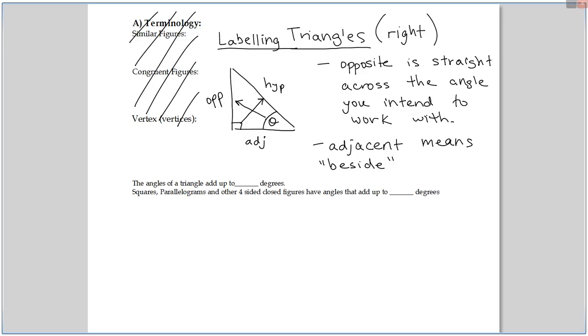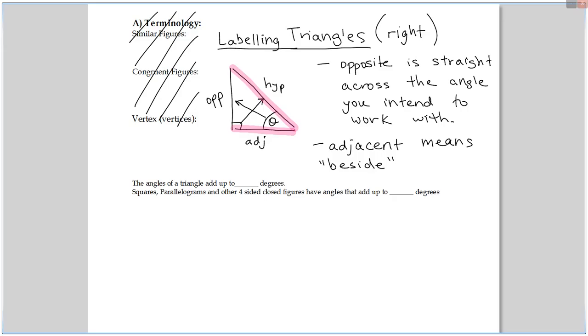But take a look, this is kind of weird. If this is your angle, theta, you have two sides that are adjacent. Do you see that? Two sides are next to the angle. But one of them is the hypotenuse, right? So that has to be the adjacent. Okay?